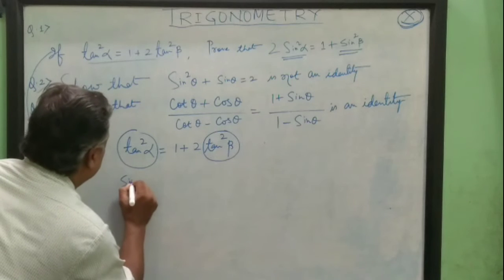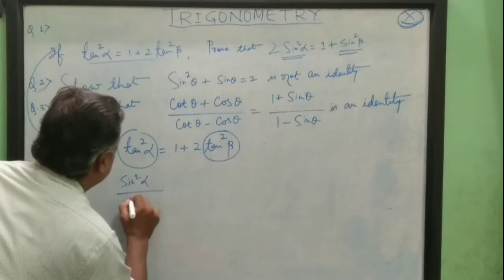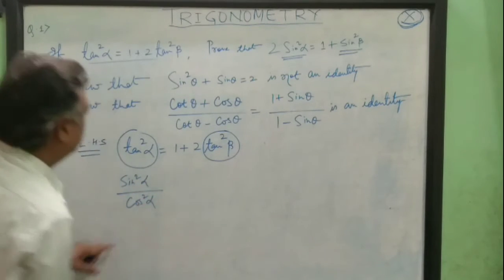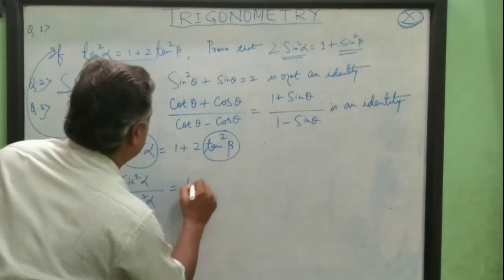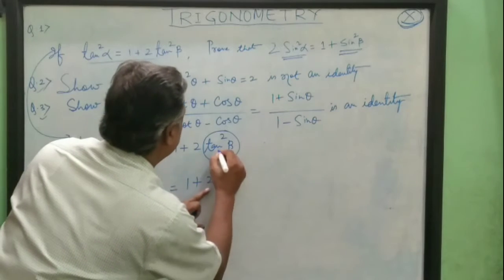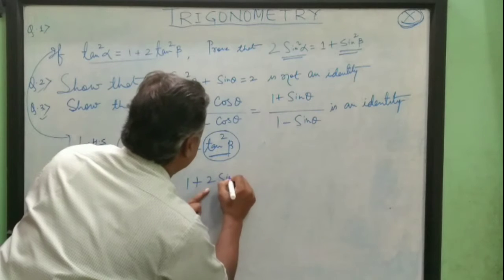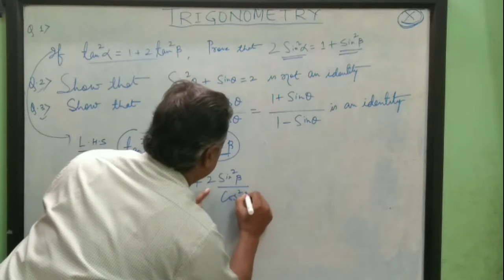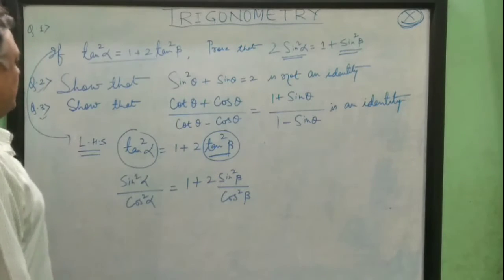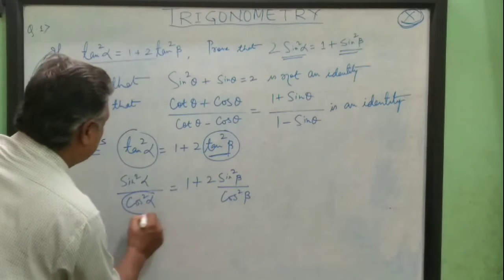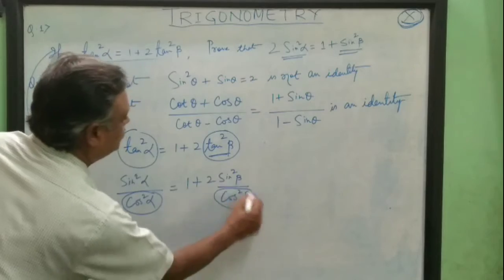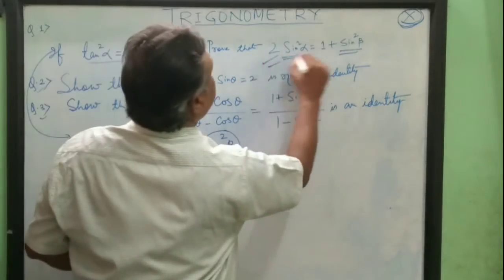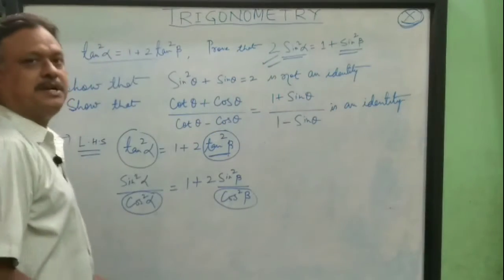So sin square alpha by cos square alpha is equal to 1 plus 2 into sin square beta by cos square beta. Again here it is cos square alpha and cos square beta, but we have to prove in terms of sin square alpha and sin square beta.